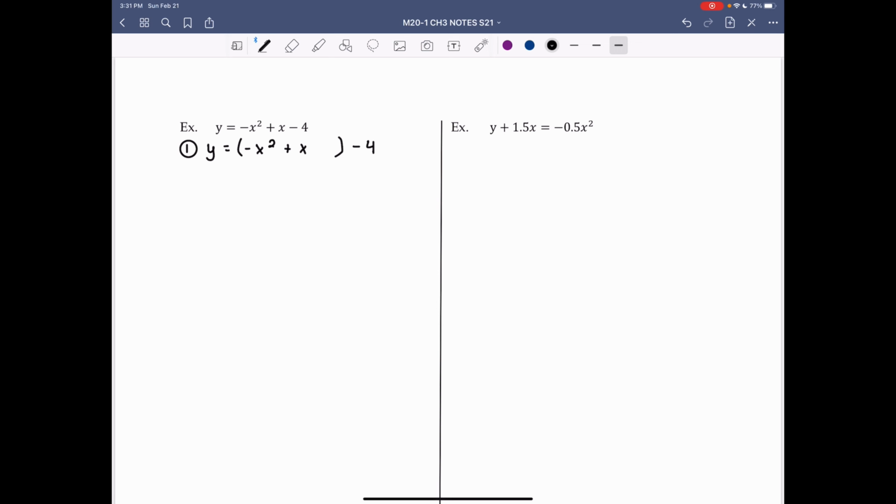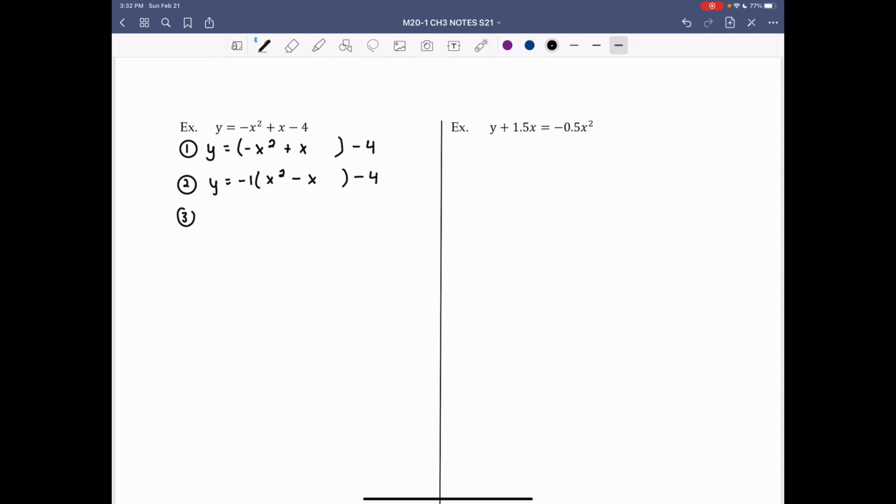Step 2, factor out whatever's in front of x squared, which in this case is a negative 1. So y equals negative 1 bracket, that leaves x squared, and then minus x, leave a space, close the bracket, minus 4.